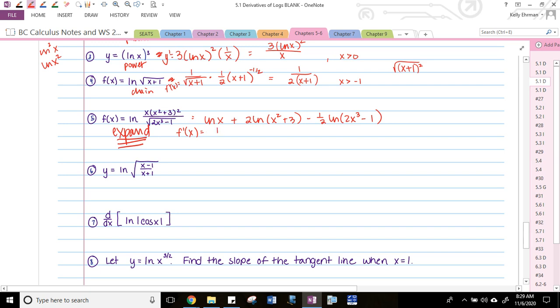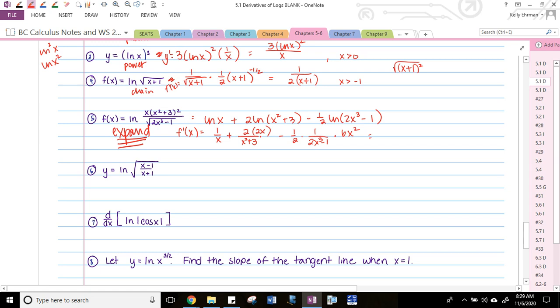equals 1 over x plus 2 over x squared plus 3 times the derivative of x squared plus 3, so don't forget your chain rule, so times 2x, minus 1/2 times 1 over 2x cubed minus 1 times chain rule derivative of 2x cubed is 6x squared.